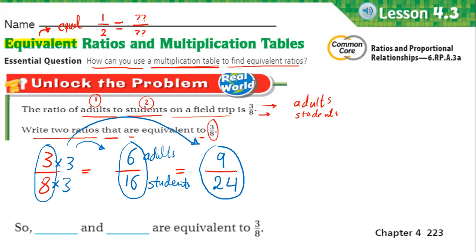So right now, I have written 2 equivalent fractions. 6 to 16 and 9 to 24 are equivalent to 3/8, or 3 to 8.